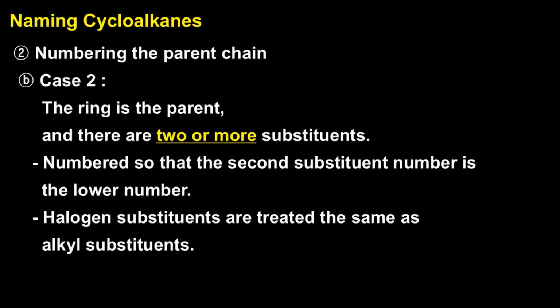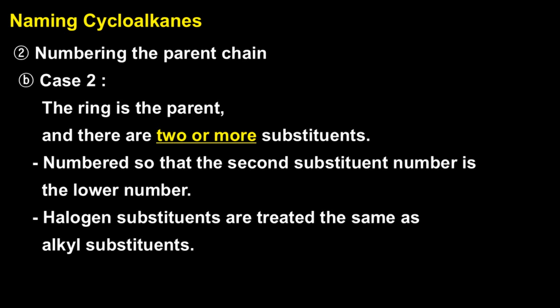If the ring has 2 or more substituents, we need to number the carbons so that the substituents get the lowest possible numbers. We always start numbering from the substituent that gives the smallest number at the first point of difference. And if there's more than one possible way to number it, we choose the set of numbers that's lower overall. Halogen substituents, like chlorine, bromine, or iodine, follow the same rules as alkyl groups when it comes to numbering.